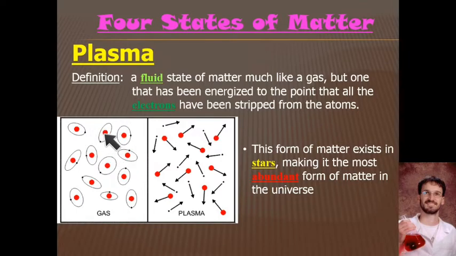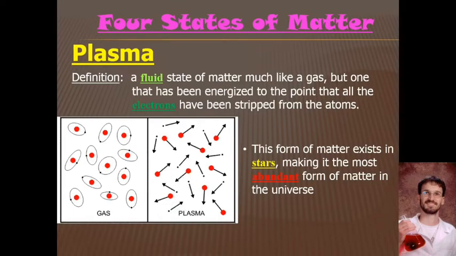We have a nucleus with a proton in the middle, and we have a single electron going around the outside. Well, if we take that and we energize it, the energy goes a lot into the electrons. The electrons start going so fast around this core middle nucleus that they fly off and they're no longer connected to the nucleus. Now they're all on their own, and the electrons are just kind of going around, and the nucleus and the protons in the nucleus are also going around, and they're separate from each other.